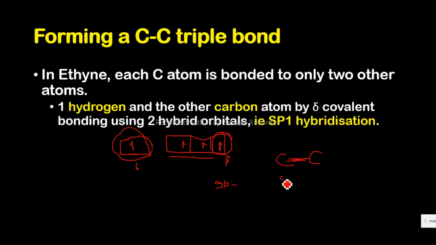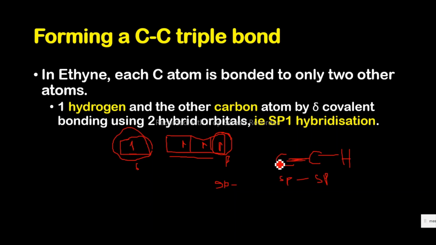So one of the sp hybrid orbitals overlaps with one of the sp hybrid orbitals of the other carbon to form a carbon-carbon sigma bond. It leaves a balance of 1 on each carbon atom, and that is the one that will overlap with the s orbital of hydrogen to form the sigma carbon-hydrogen bond.